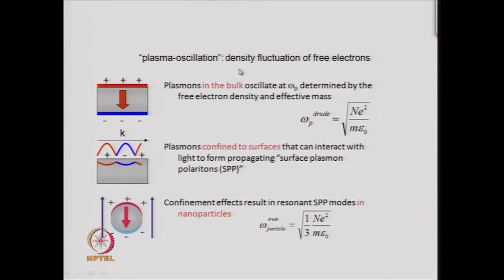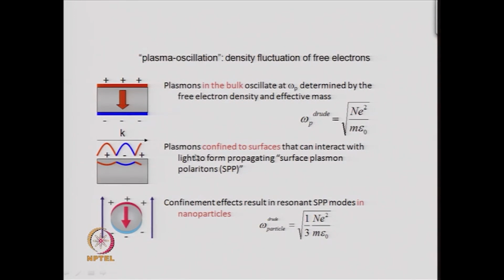So, if you have a density fluctuation of free electrons which are present in a metallic solid, then you can have what is called the plasma oscillation. So, the plasmons oscillate at the plasma frequency, which is related to the free electron density and the effective mass. Now, this was in the bulk that they are oscillating with a plasma frequency.